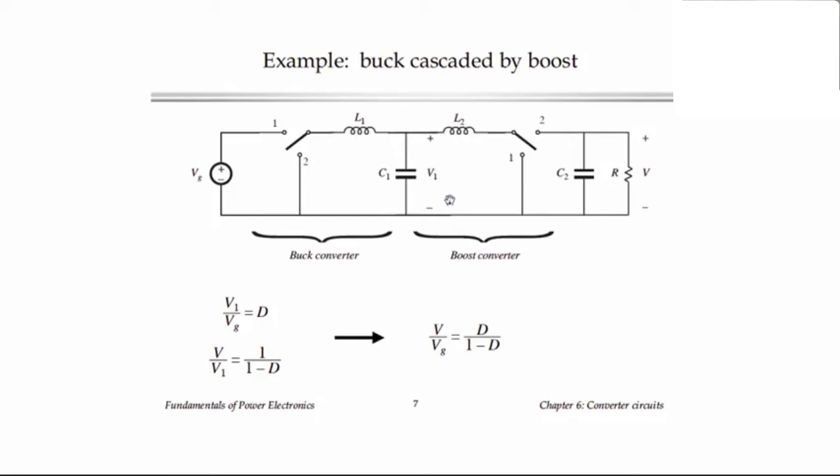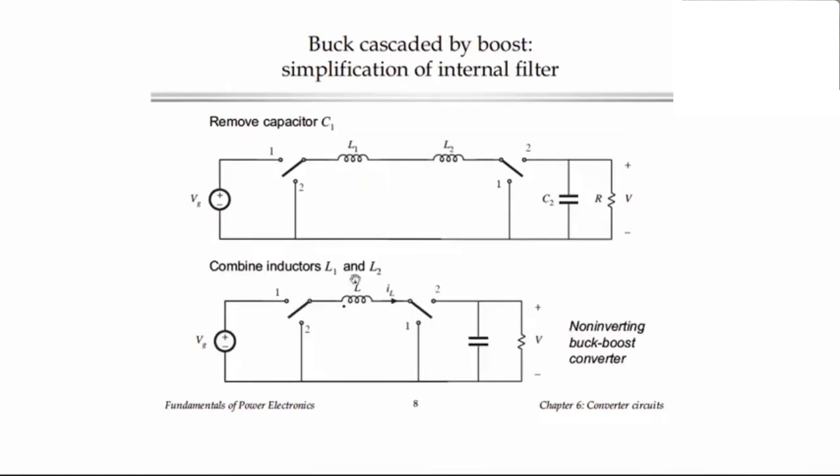Changing the order of the filter merely changes how it filters the ripple. So for example, we could remove C1 if we like, and once we've done that, we have two inductors in series, and we can combine the series connection of the inductors into one inductor. So here's that. We have the two inductors in series, we combine them into a single effective inductor that's a sum of two inductances, and we get this circuit.